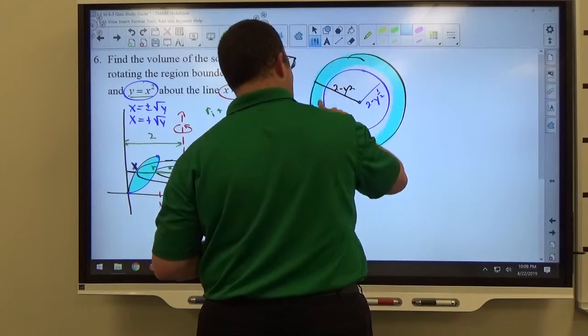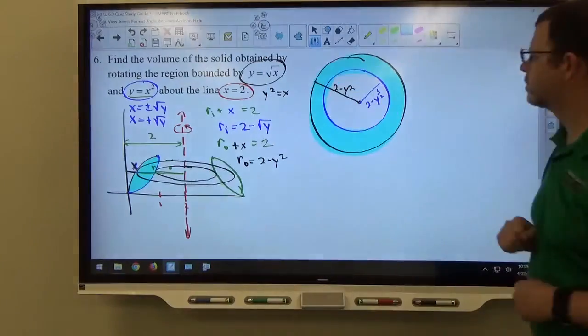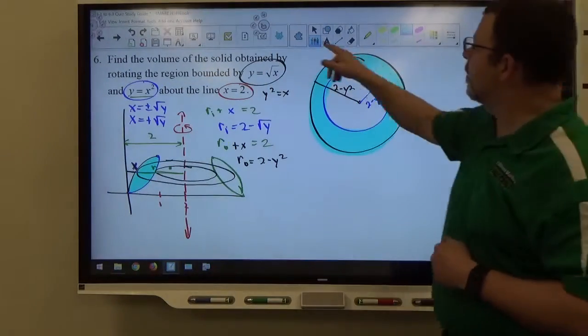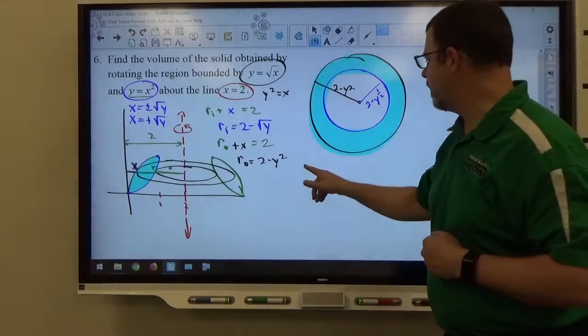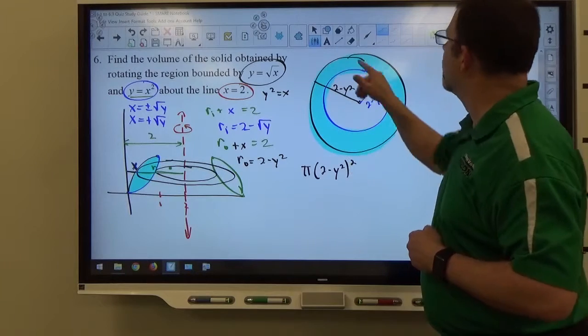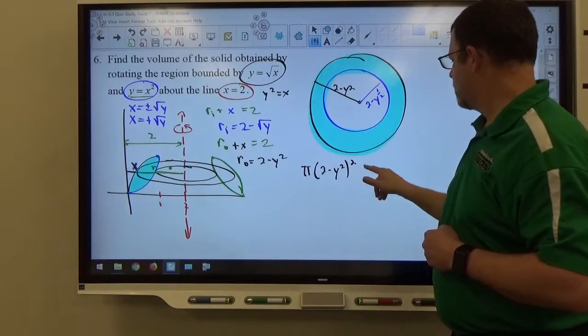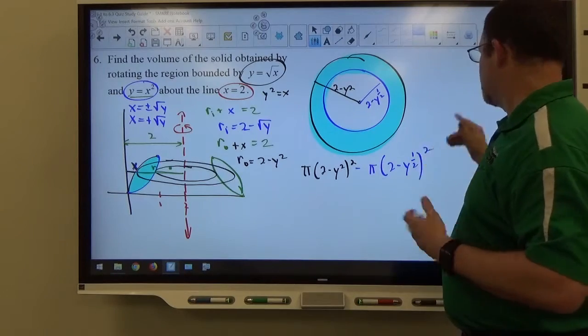Pretend I'm not going outside the lines. Like so. So if I want to find the area of the cross section, I just take the black circle minus the blue circle. So it's going to be pi times (2 minus y squared) squared minus pi times (2 minus y to the 1/2) squared. Then we just work it out.